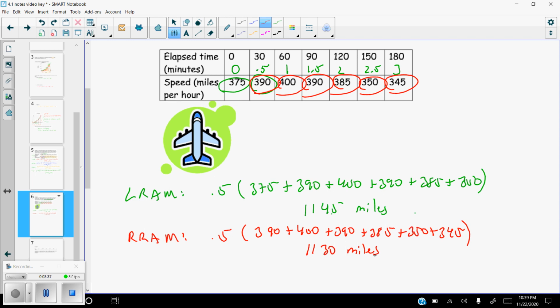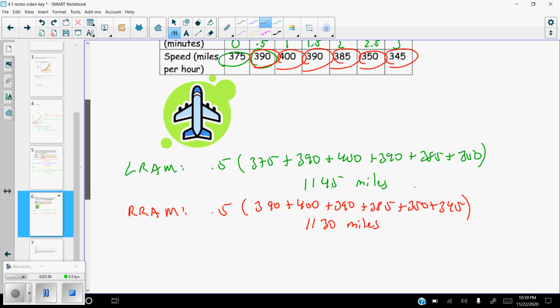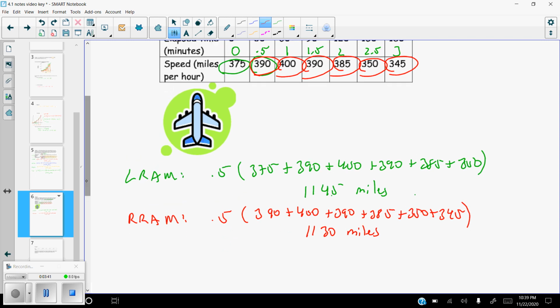All right, so the one that's going to be the most difficult to figure out, because we're going to have to do the averages. I am actually not going to write all of the averages out. You guys can figure that stuff out. But the midpoint, so it'll be 0.5, then you'll have to average 375 and 390, then you'll average 390 and 400, and then 400 and 390 all the way down to the end.